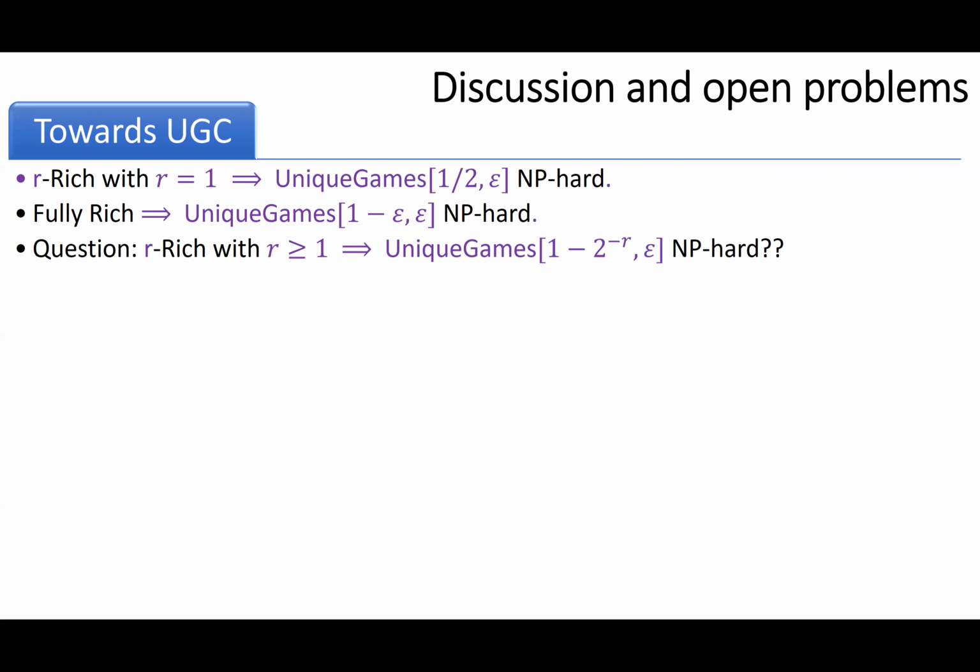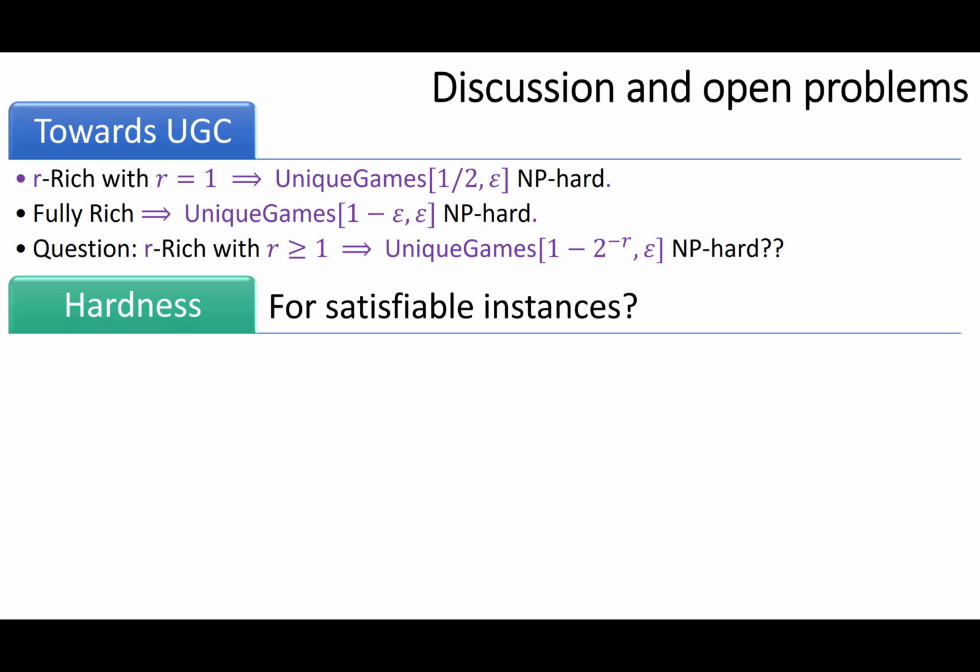An interesting question here is, what do you get from R richness with R that is more than 1, say 2 or 3 or 100? Would you get any improvement over unique games between half and epsilon? I think that this is an interesting question. It would be good to know. The second question is, what can we do with conjecture 2?